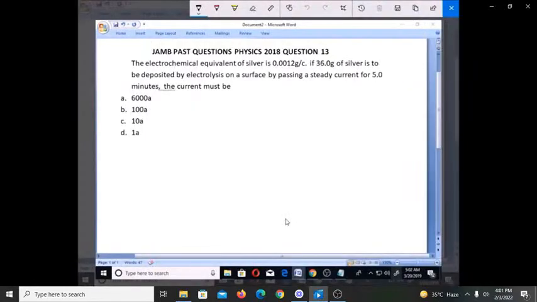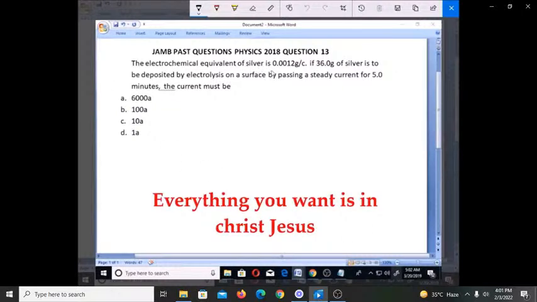Now let's look at this question number 13 for JAMB Past Questions Physics 2018. The electrochemical equivalent of silver is 0.0012 gram per coulomb.